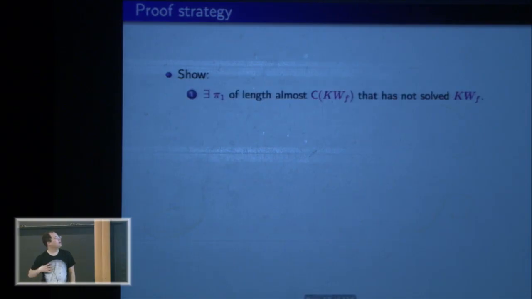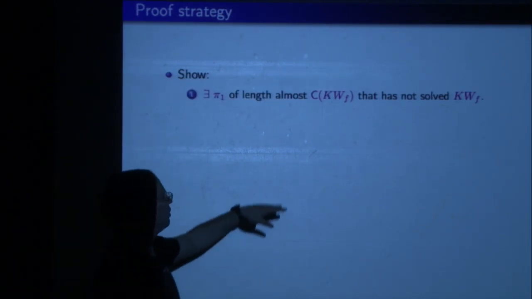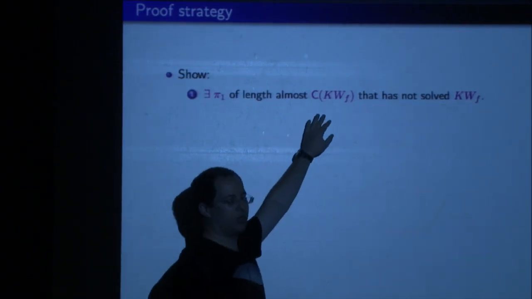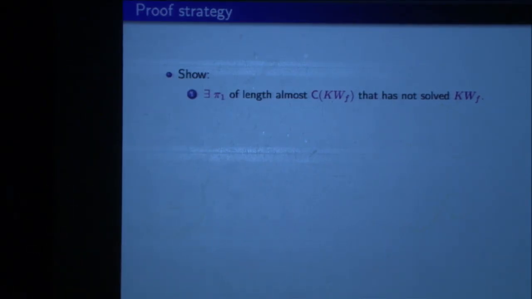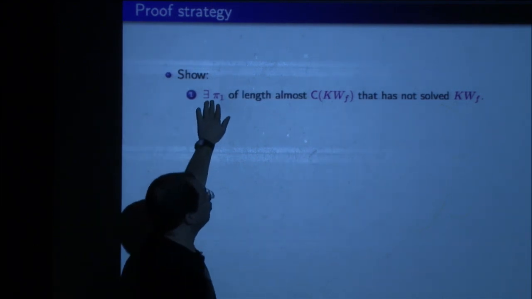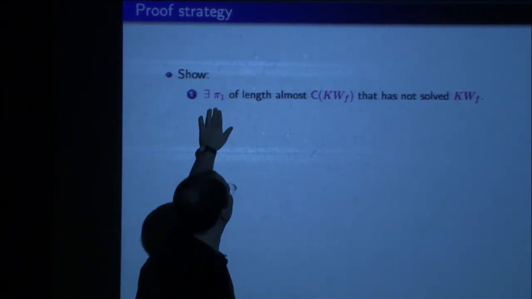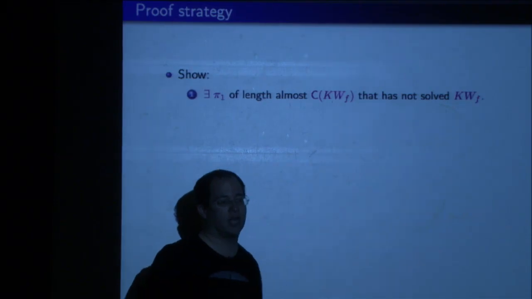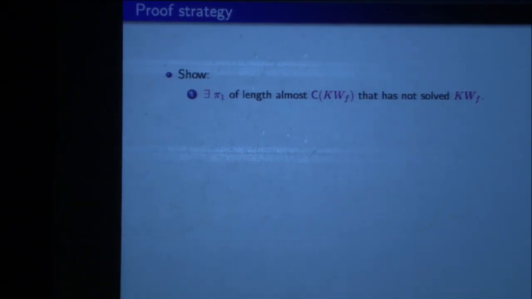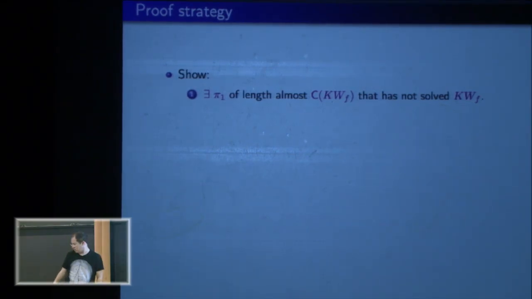We are going now to prove two things. First, we can make some choice of pi 1 that is of length almost the communication complexity of KW_f. It's important that it's almost; it's not fully the communication complexity of KW_f, but it's close to that. And in this particular choice of pi 1, they have not solved KW_f yet.